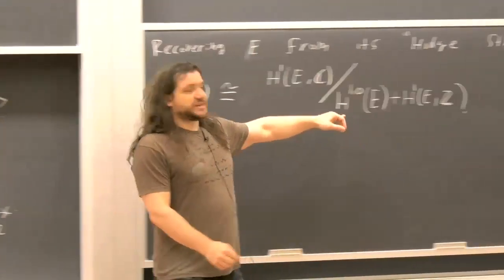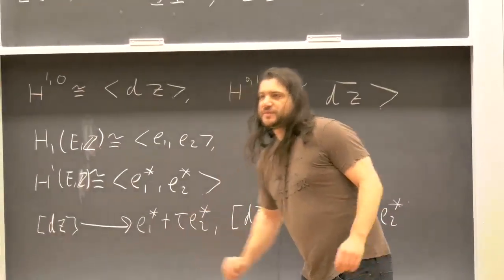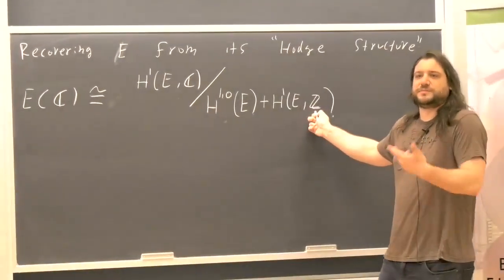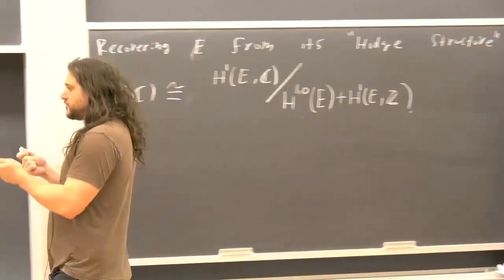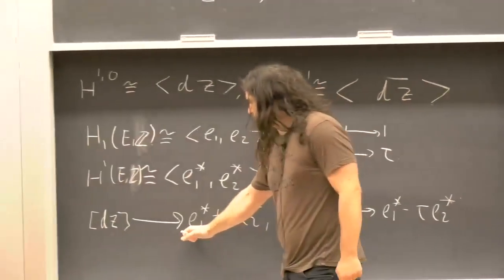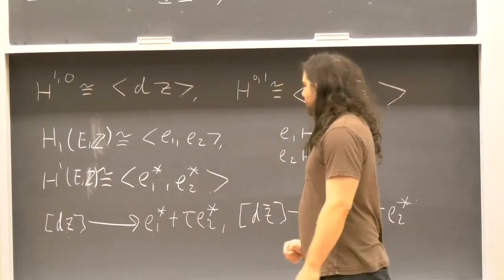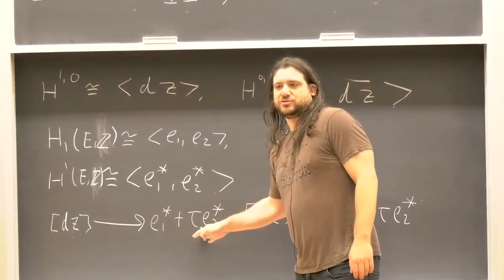If I mod it by H10, that mods out by this vector over here. And then I'm further modding out by E1 dual and E2 dual, but only with integer coefficients. So if I look at the integer multiples or the complex multiples of E1 dual that I'm getting rid of, I'm getting rid of E1 dual itself. And then I'm getting rid of E2 dual. And E1 dual is tau times E2 dual.